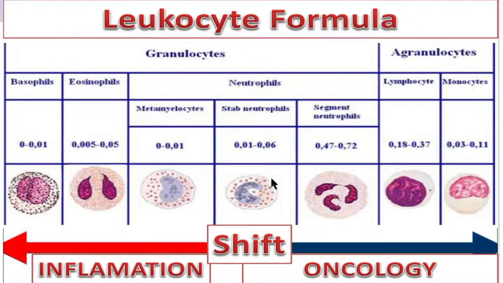For example, the maximum quantity is segmented nucleated neutrophils, ordinary 47-72%.